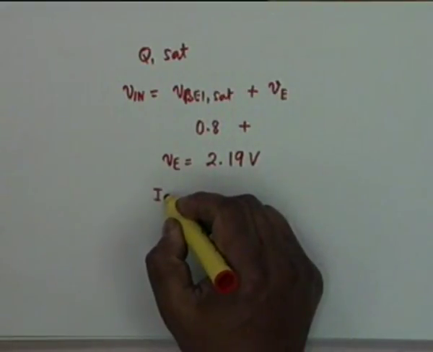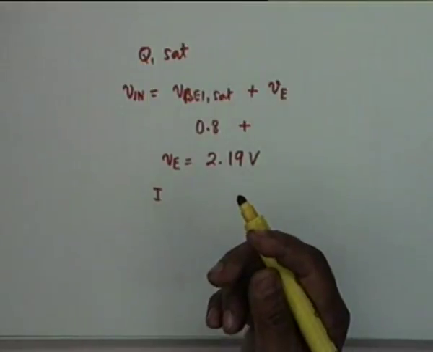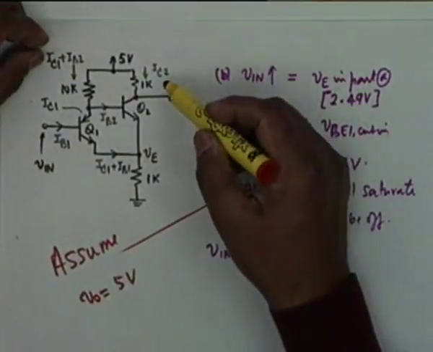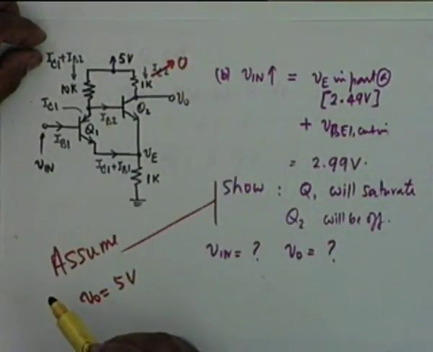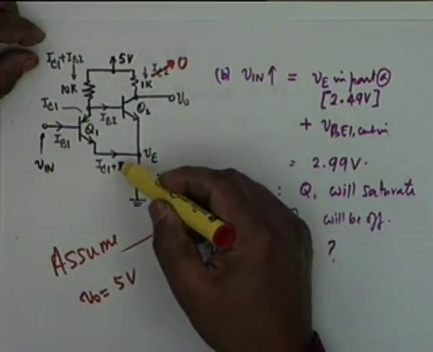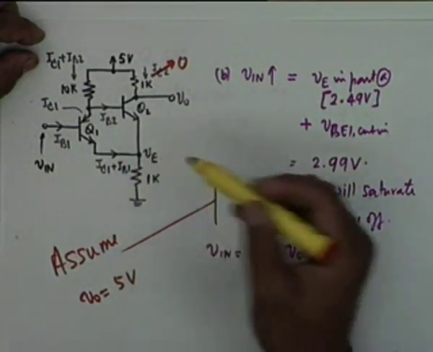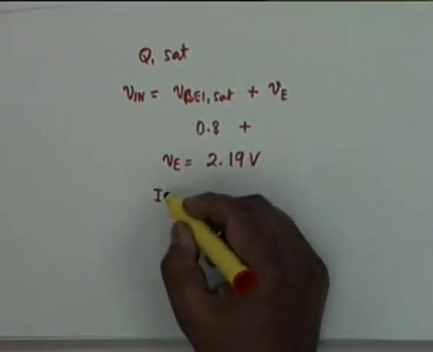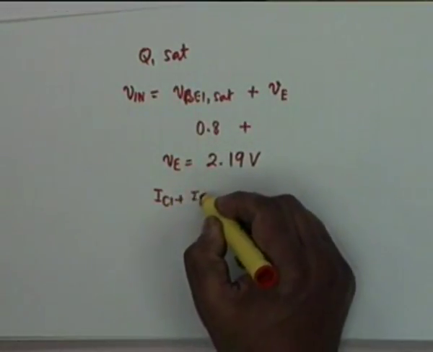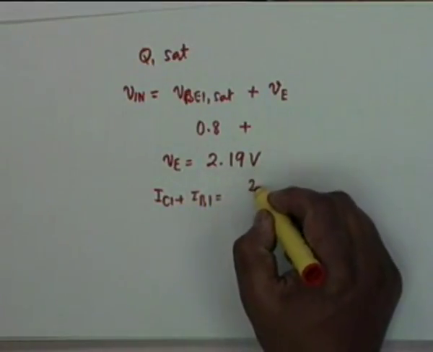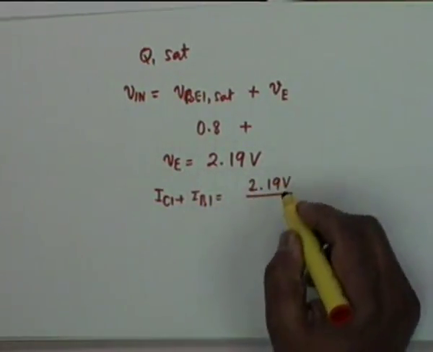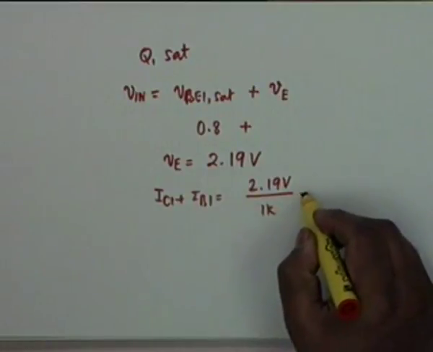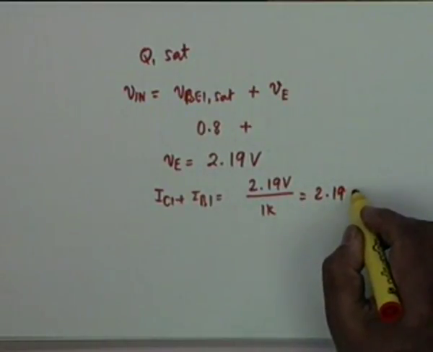what is the current? I must go back to this figure. You see, this is off, this is 0, and this current would be IC1 plus IB1, and VE is 2.19. Therefore IC1 plus IB1 equal to 2.19 volt divided by 1K, which is 2.19 milliamperes.